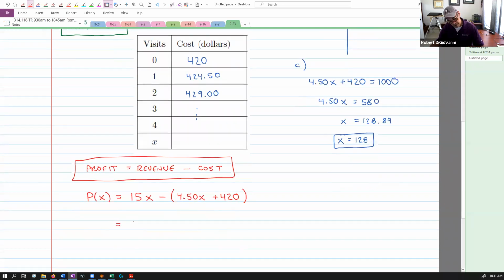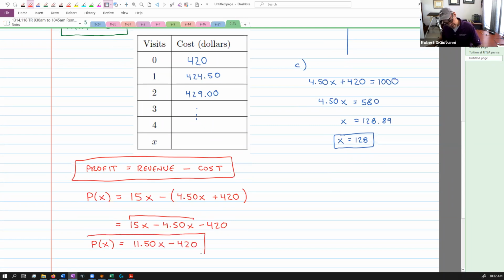And now this right here becomes 15x minus 4.5x minus 420, which you can put these two together. That's the 11.50x. We finally have gotten to the 11.50x. That's his profit function.